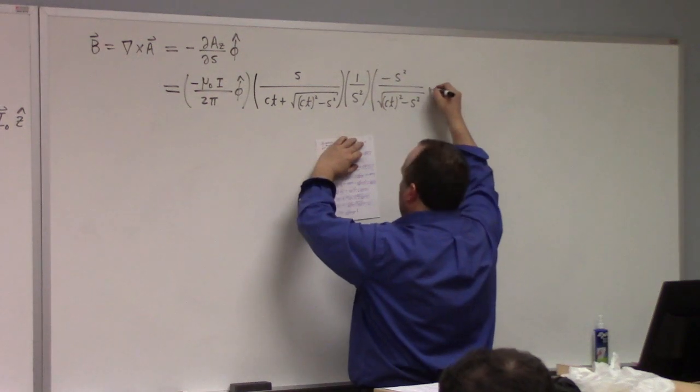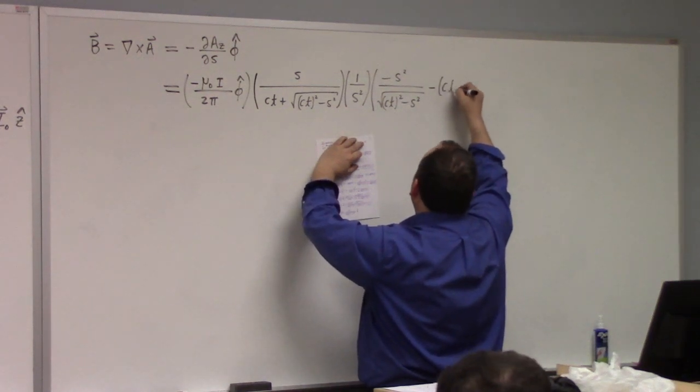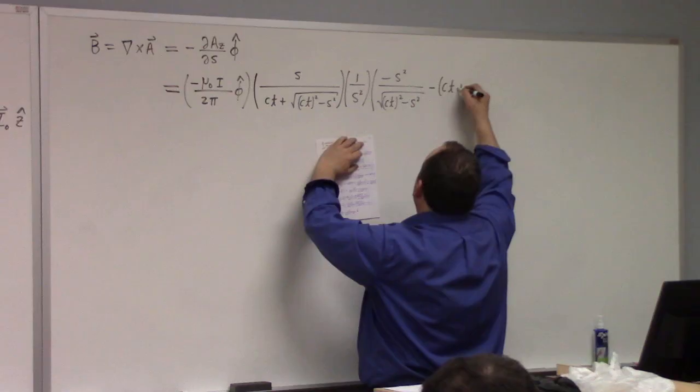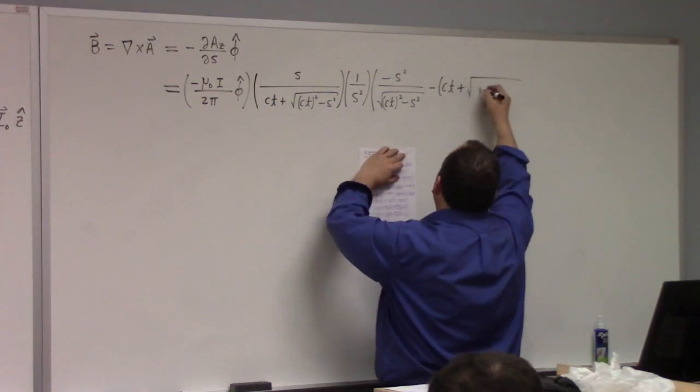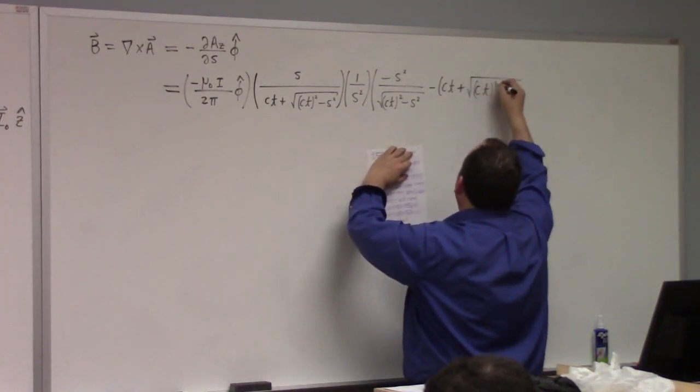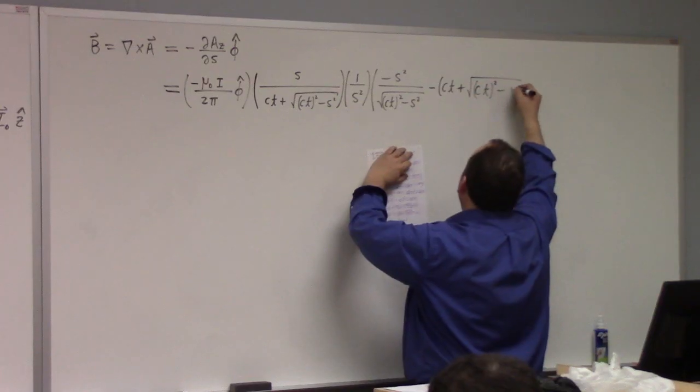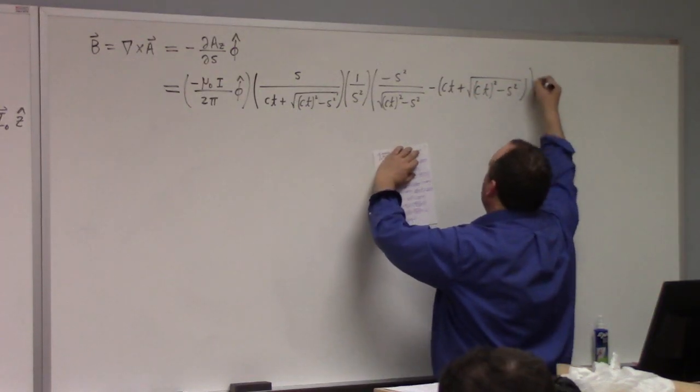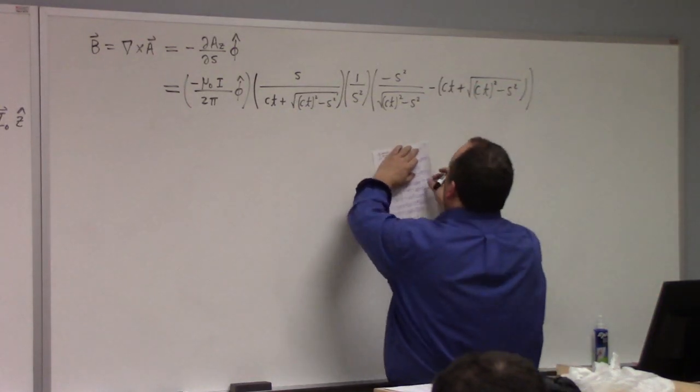Hopefully I haven't skipped lines here. Minus parentheses ct plus the square root of ct squared minus s squared, close parentheses, close other parentheses. Hooray.